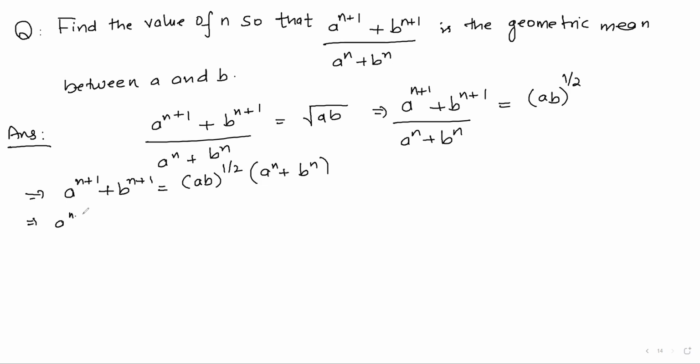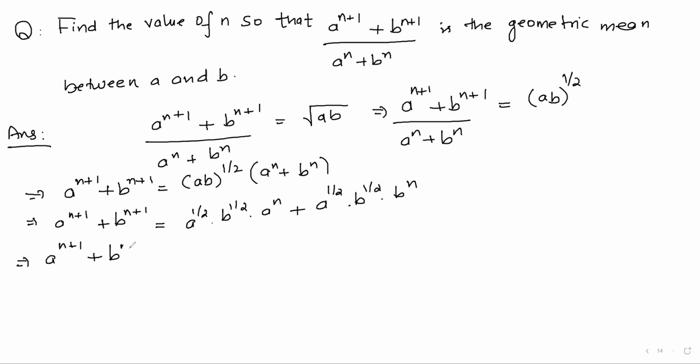So a to the power n plus 1 plus b to the power n plus 1 is equal to, multiply this. So ab to the power half means a to the power 1 by 2 and b to the power 1 by 2, into a to the power n plus a to the power half into b to the power half into b to the power n.